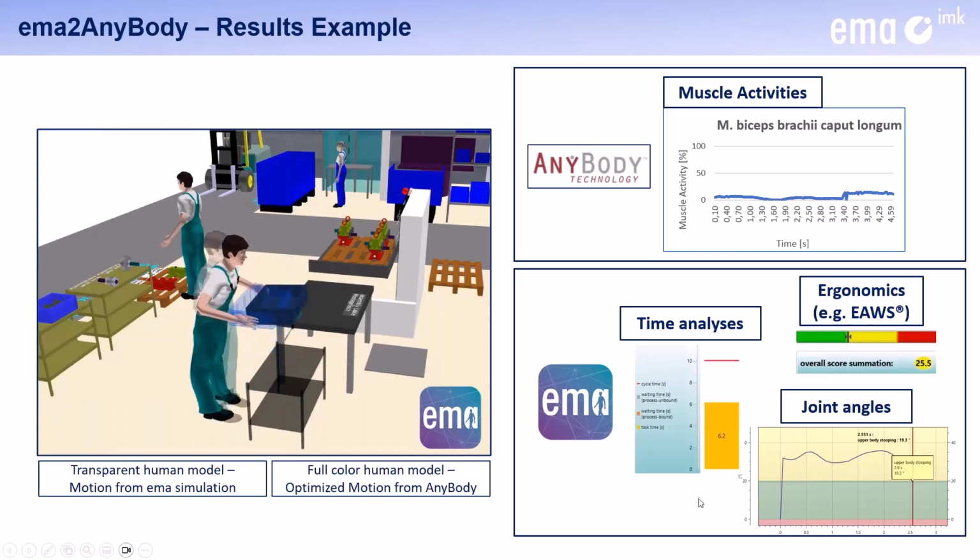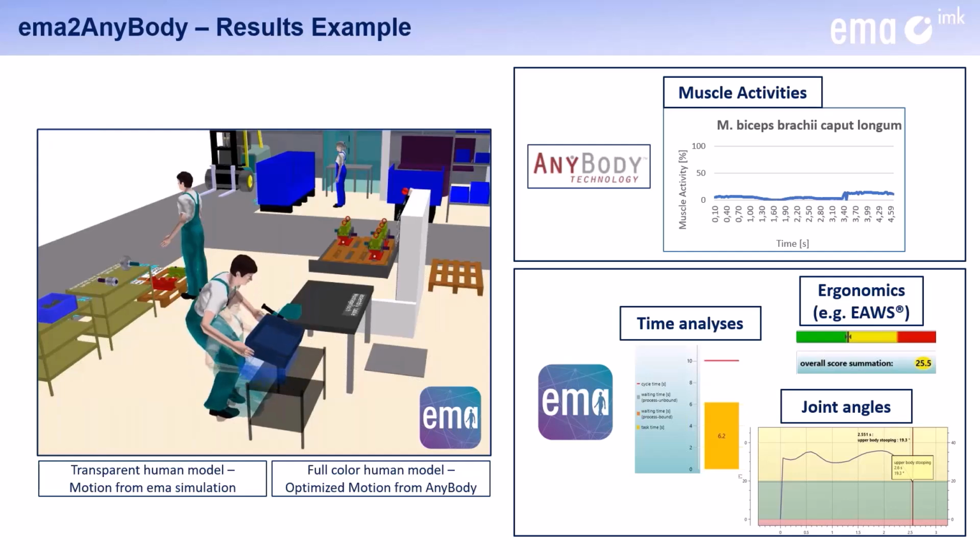We do this in EMA Work Designer too, based on limits referring to German standards, yellow, green, and red, for example for the upper body stooping. So with this interface I get a better look at different ergonomic assessment methods, to do a complete ergonomic analysis, also considering biomechanical analysis and functionalities from AnyBody.